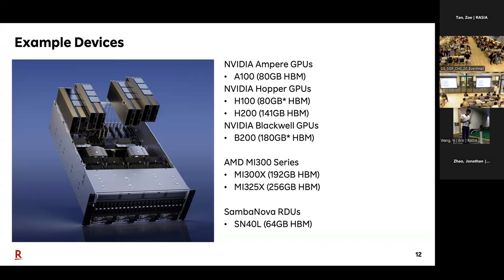They have different series like Ampere, Hopper, or the latest Blackwell GPUs. These GPUs have different sizes of HBM, which I'll introduce later. We also have other brands like AMD, and some RDUs, which are all designed for AI workloads such as training and inference.